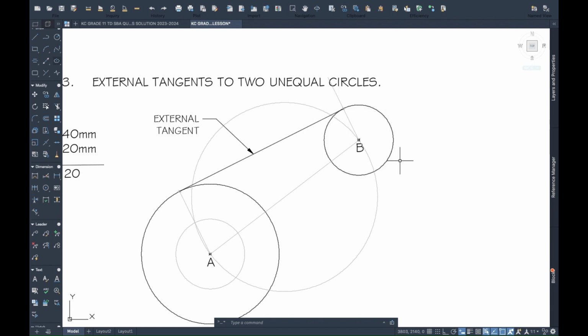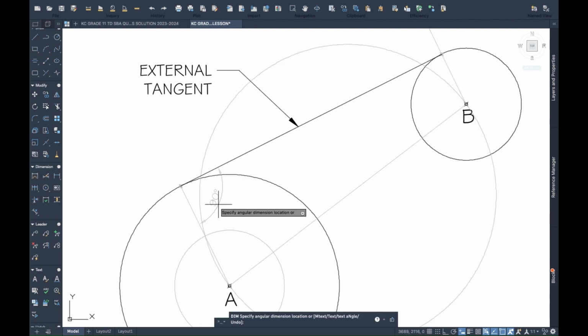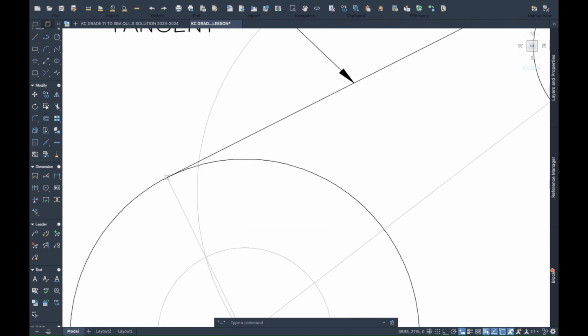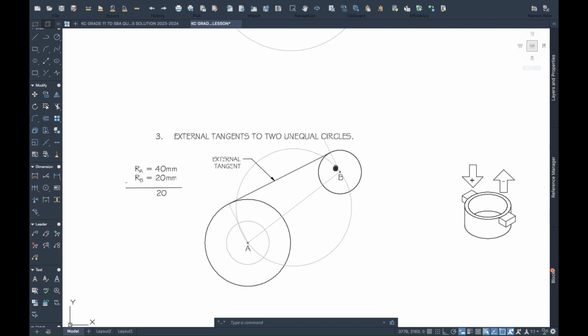The relationship between a normal and a tangent is that they are perpendicular, 90 degrees to each other. So let's check to see if we have 90. We'll go to dimension, type A, enter, and check between this angle and this angle. And you notice that we get 90 degrees. Good. So that's how we know that this is accurate and it is the required external tangent.